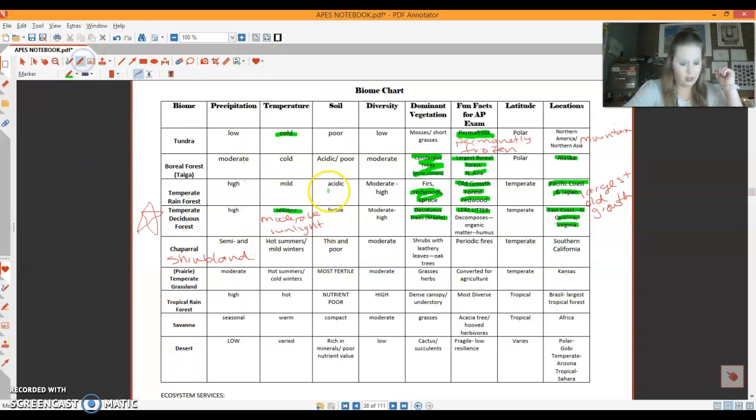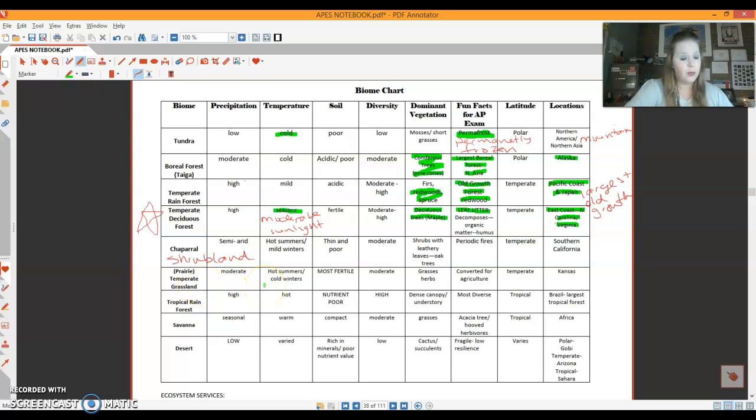All right, go back to highlighter. All right, next we have is the temperate grasslands. Okay, so this tells us where it is. It's temperate, and it tells us what kind of plants are there. It's a grassland.